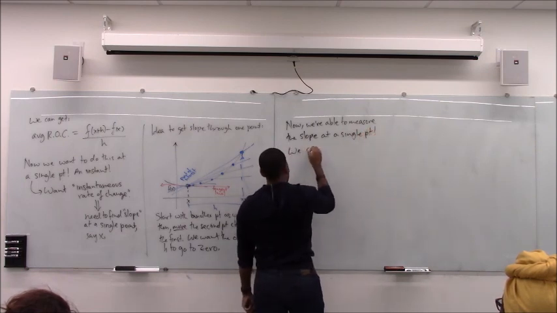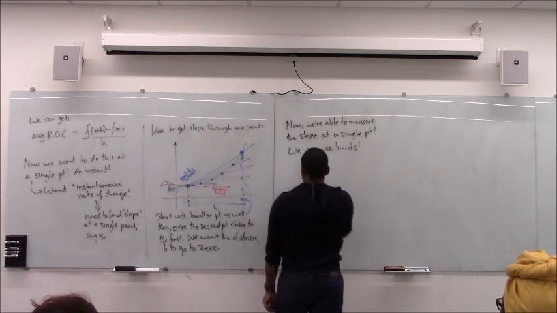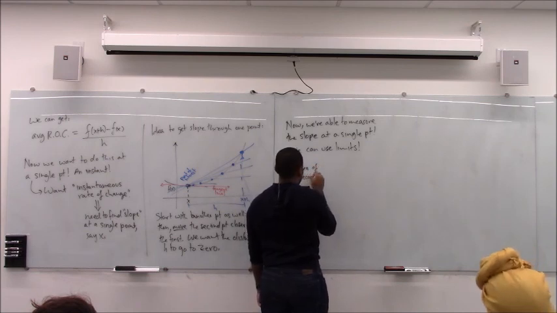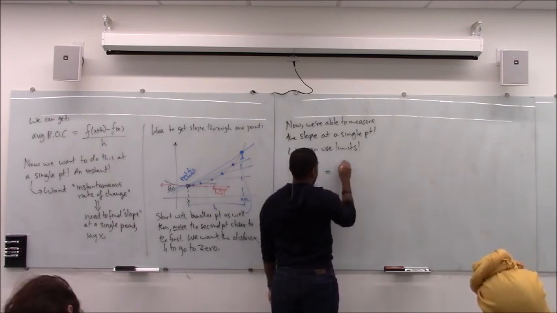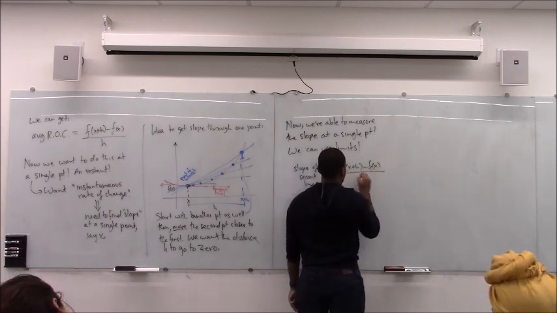And we can use limits. That was the whole point. So the slope of the secant line, well, that was f of x plus h minus f of x all over h.